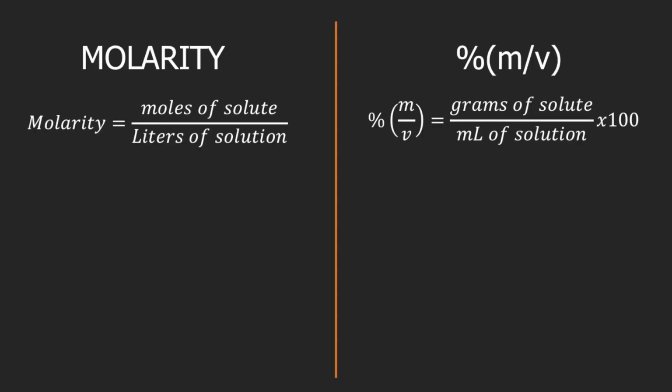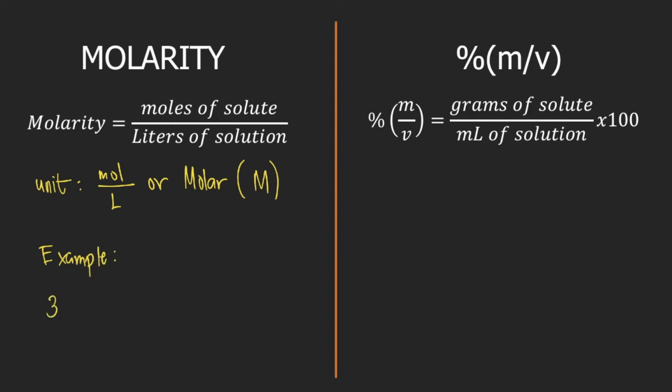Let's have a quick recap about molarity and percent mass per volume. Molarity is equal to moles of solute divided by liters of solution. So the unit for molarity is moles per liter, or this is also known as molar, and the symbol is capital M. So for example, you are given 3 molar.